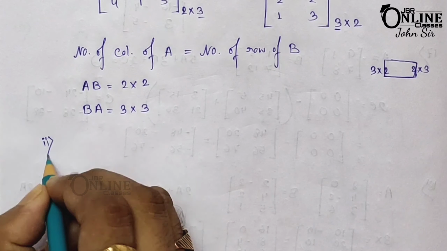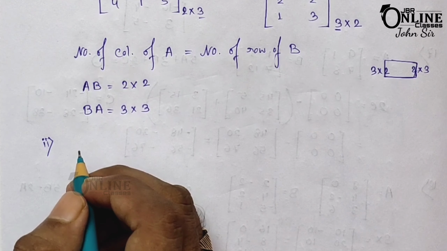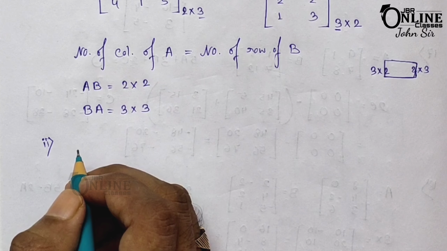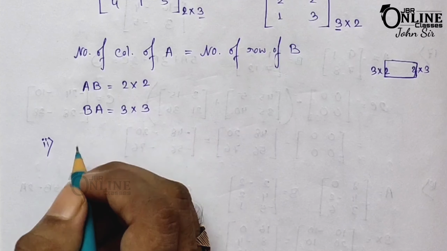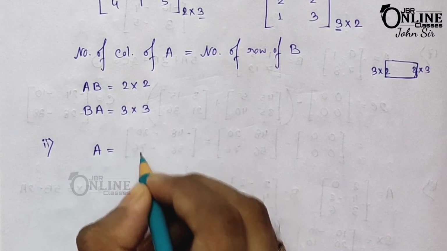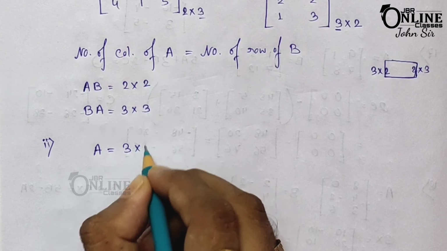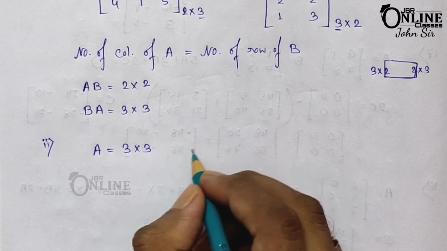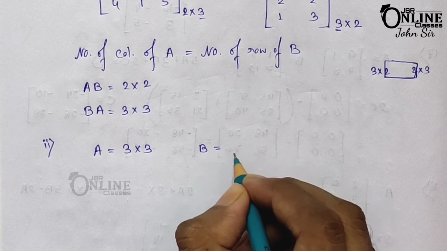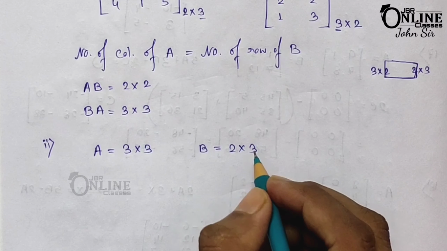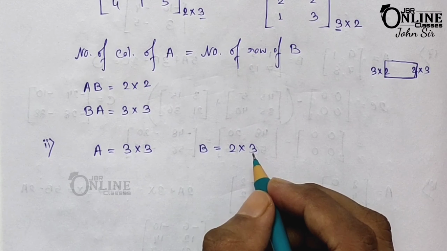Now here is sum number 2. In sum number 2, if A is a matrix of order 3 cross 3, and the order of the matrix B is 2 cross 3. Can you find AB?